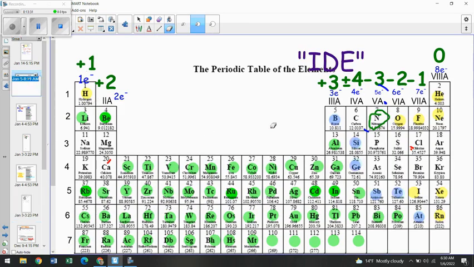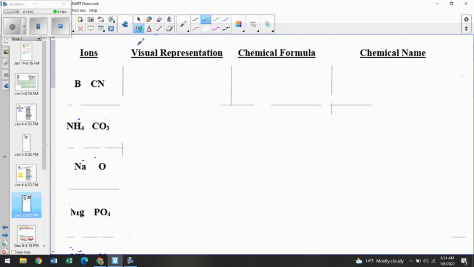So you're going to go to your periodic table and find B. It is in that third group. Circle it right here. Here's boron. That means it's going to have a charge of +3 when it's being used in an ionic compound. So boron's got a charge of +3. I'm going to write that above it just to remind myself.